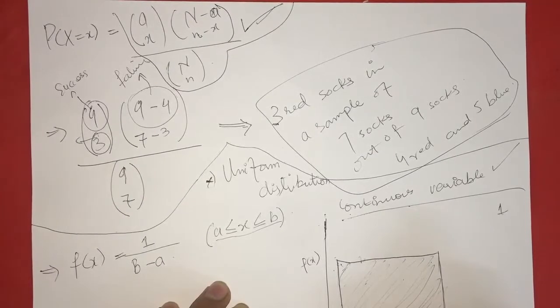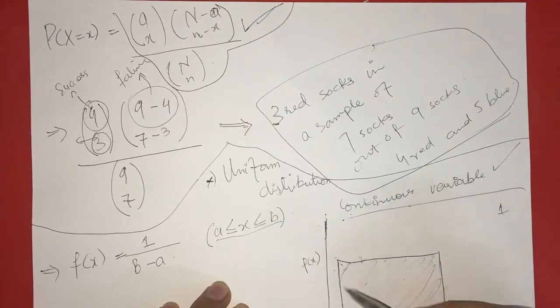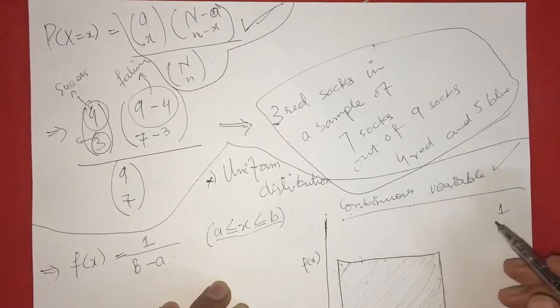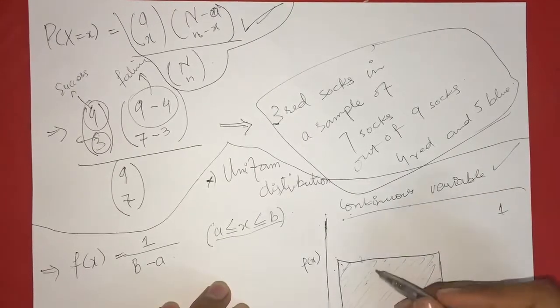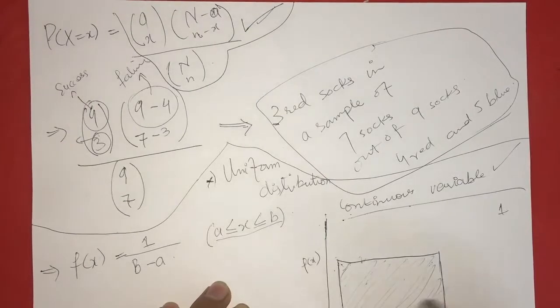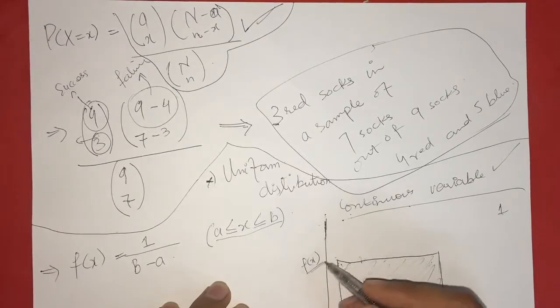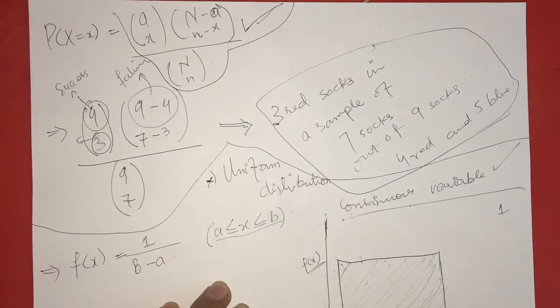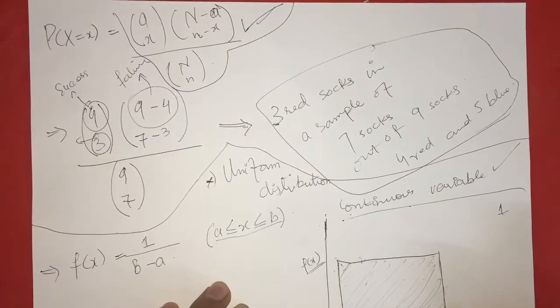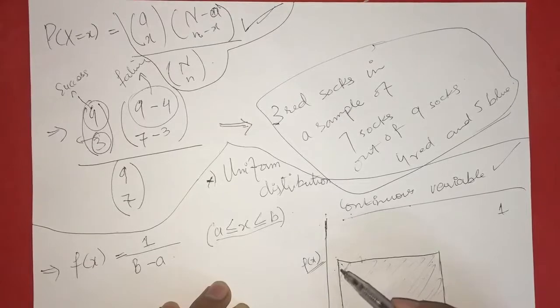So the probability, or f of x, is going to be 1 by... what you do is calculate the area of the rectangle, which is base times height.